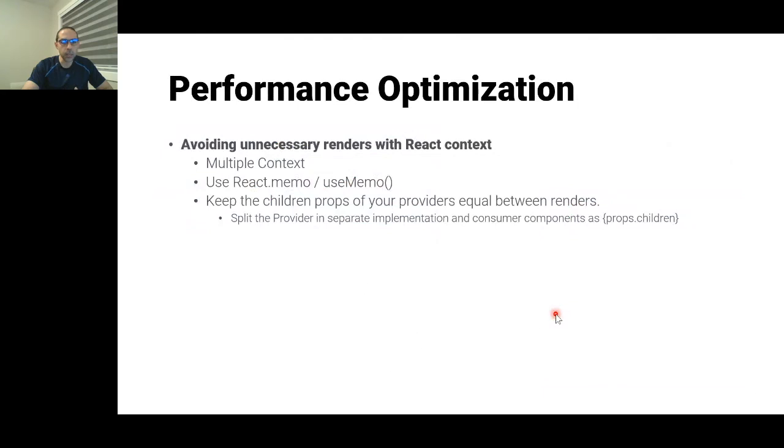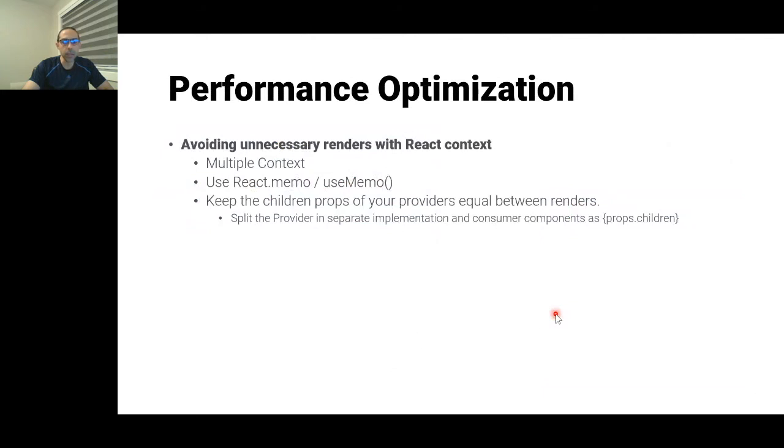So it might be a hefty price to re-render the entire consumer base just because one value in the context or the provider has changed. So to work around that, there are a few tricks or practices that you can adopt.